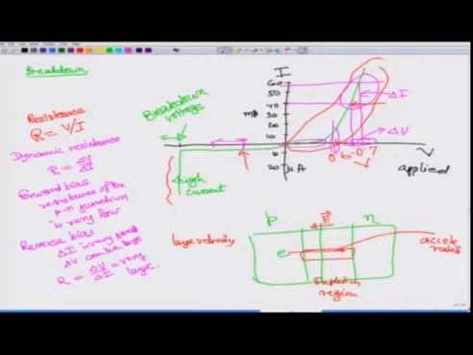So, to understand the function, we will do an approximate model, and we will assume that in forward bias resistance is 0 and in reverse bias resistance is infinity.